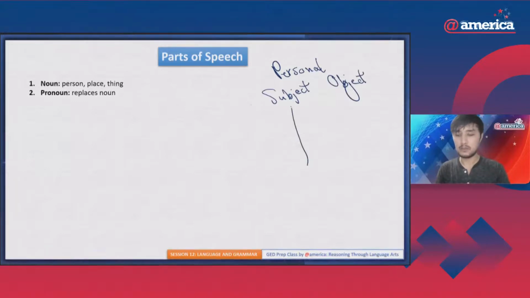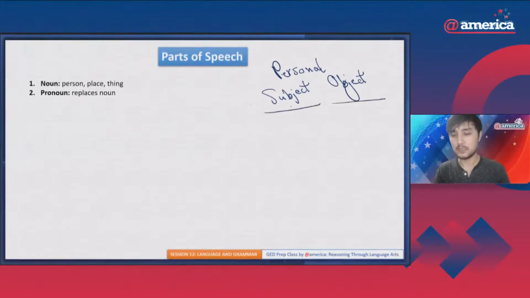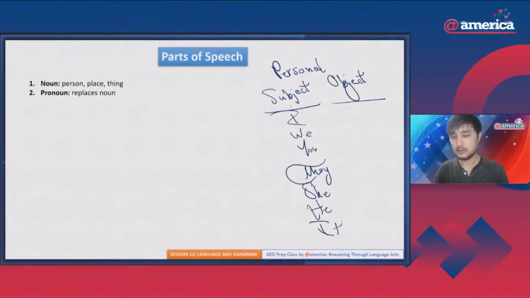For subject ones, they replace the subjects of a sentence. We have I, we, you, they, she, he, it.